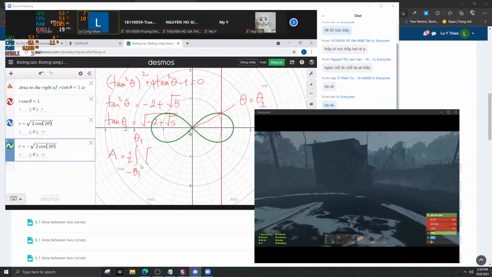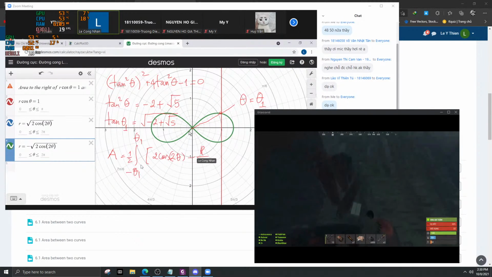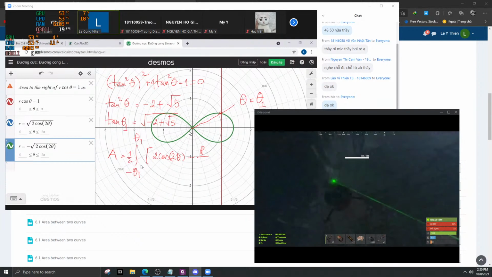Integrating cosine, we have sine of 2 theta. Integrating 1 over cosine squared, we have tangent of theta.